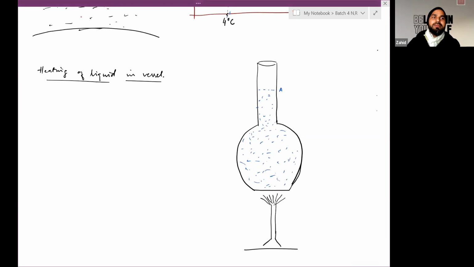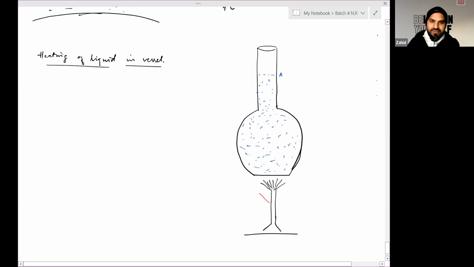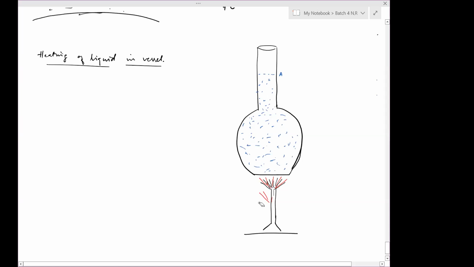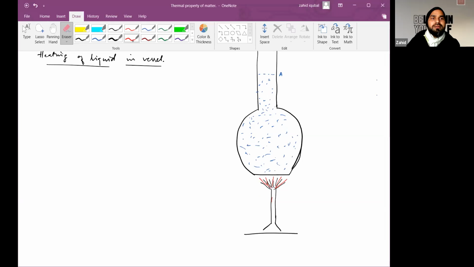Okay, let me give you some hint. On heating, which of these two will receive heat first, vessel or liquid? The vessel. So everything on heating gets expanded except water.